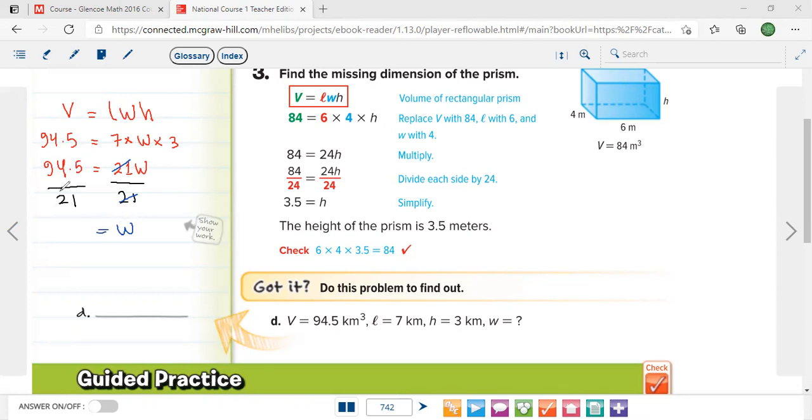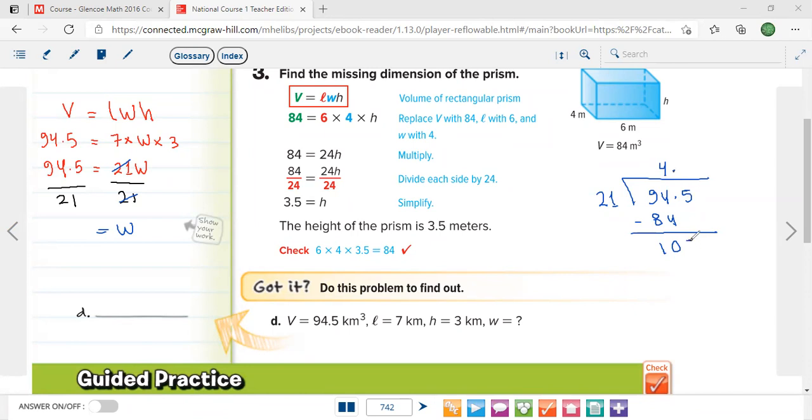Now we need to evaluate this one. What is 94.5 divided by 21? Let's do it here. 94.5 divided by 21. Let's begin with the 94. 94 divided by 21 will give you 4. 4 by 21 is 84. Minus will give you 10. Lift the decimal point up.